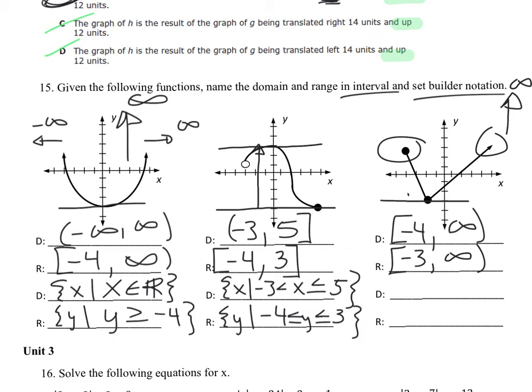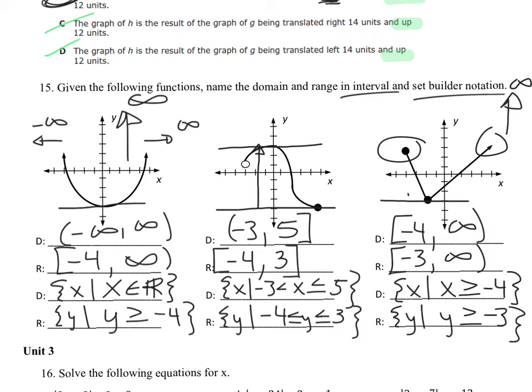Now let's discuss the set builder. We're going to say that x has to be greater than or equal to negative 4, right? Because it's a closed-in circle and it got a bracket, okay? Now the range is going to be y is greater than or equal to negative 3.